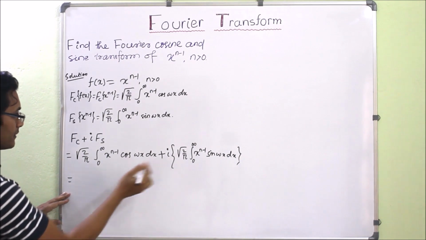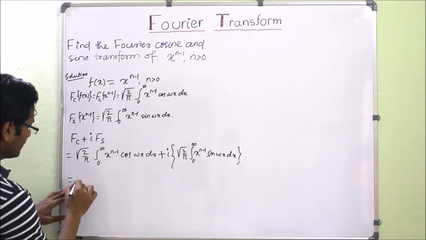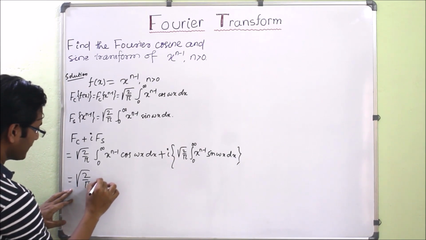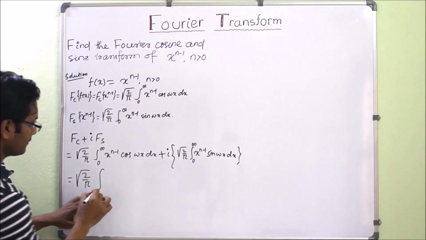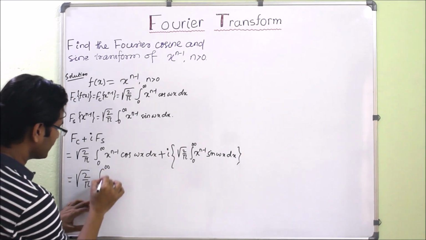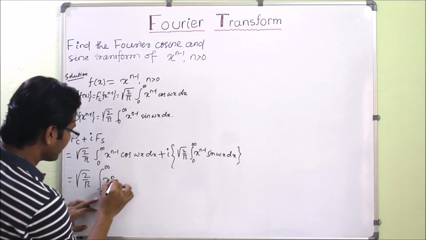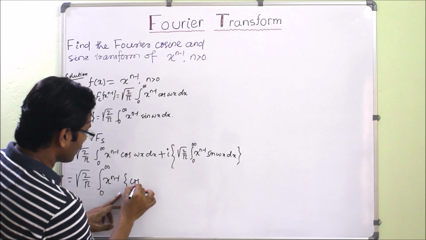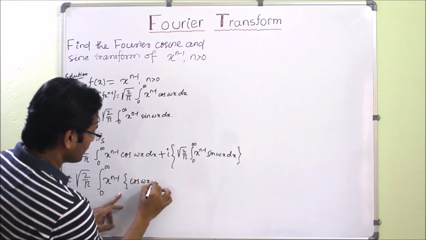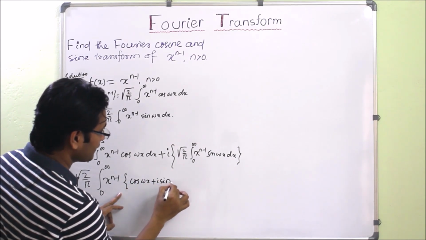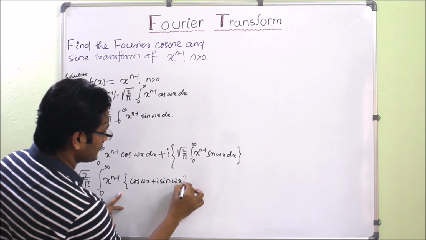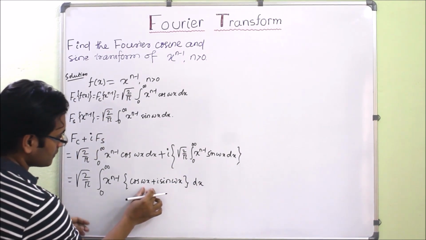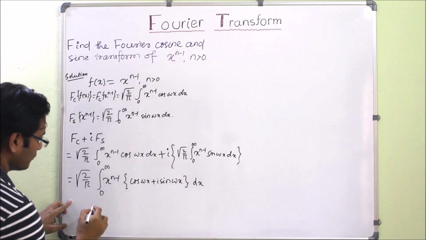Now if we write it in compact form, it will be square root of 2 by pi, integration 0 to infinity, x to the power n minus 1 into cos wx plus i sin wx dx. But what is cos wx plus i sin wx?